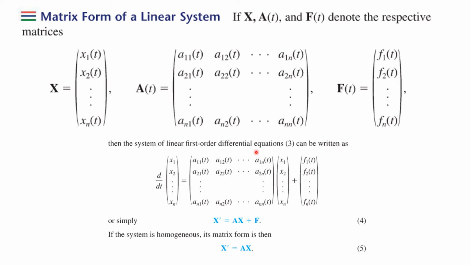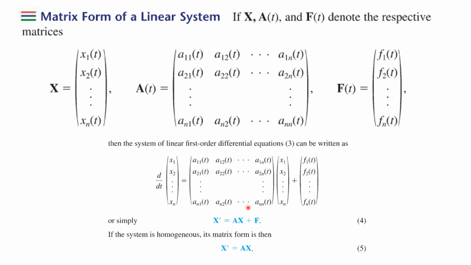So the system of differential equations then looks like this. I have a differential operator. I'm taking the derivatives of all these x's of t. It's going to be the products of these, and reviewing the product, you're going to take this row times that column and add f1. So that gives you the first one. For the second one, it's going to be x2 prime. It's going to be this row times this column plus f2.